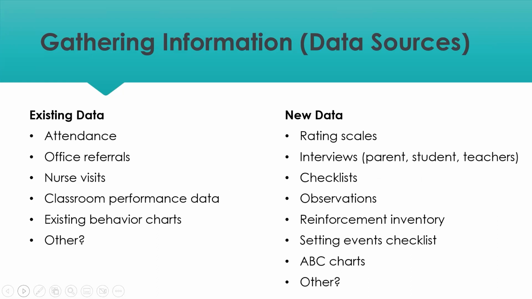Parents, if they call parents and ask questions, they should keep notes on that. However a teacher determines best, whatever works for them. I've been known to have pieces of tape that I was tallying things on. Whatever works. I'm sure you have other things that you can think of.